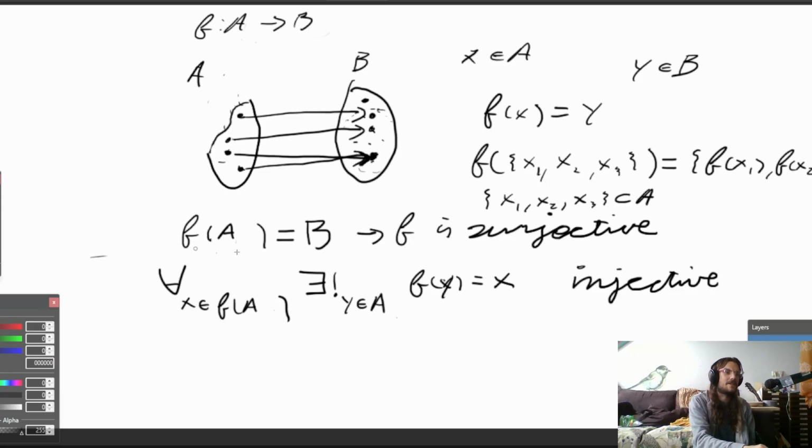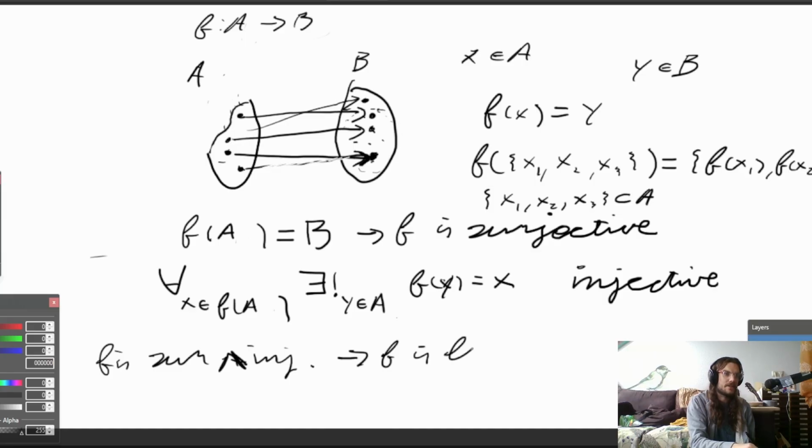And then if the entirety is B, if every point is hit by some arrow, then it's surjective. And this, again, to reiterate, if no point is doubly hit, so if this arrow doesn't exist, then it is injective. A function that is both surjective and injective is called bijective. f is surjective and injective implies f is bijective.